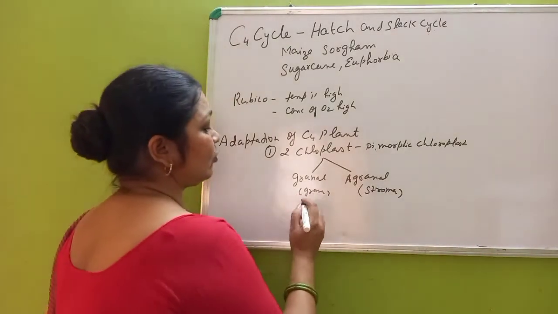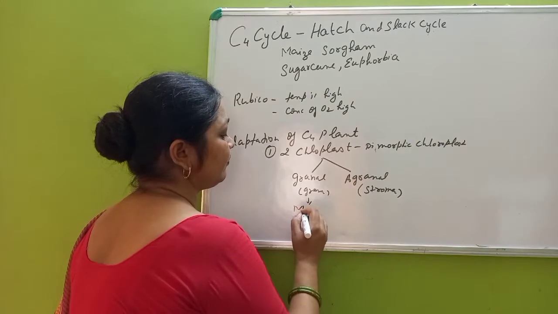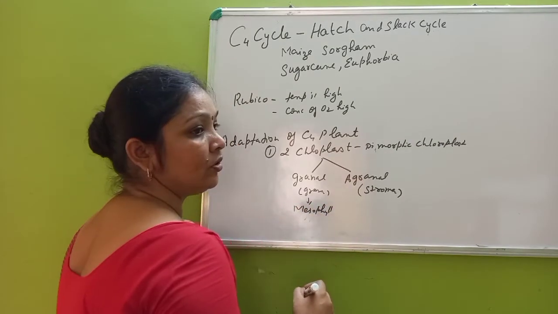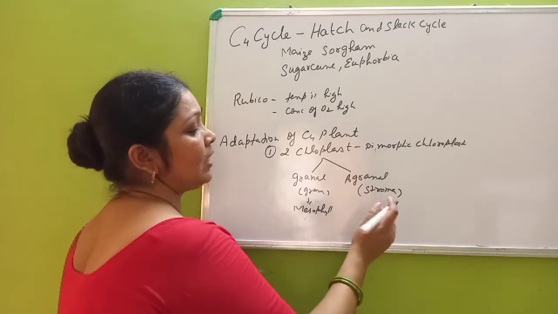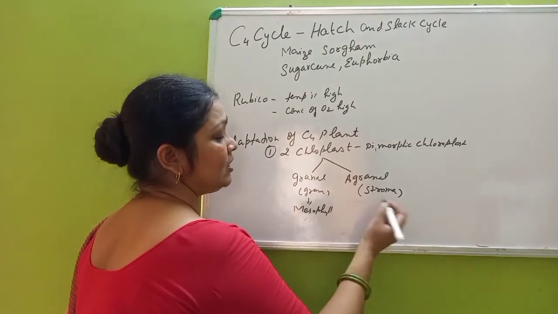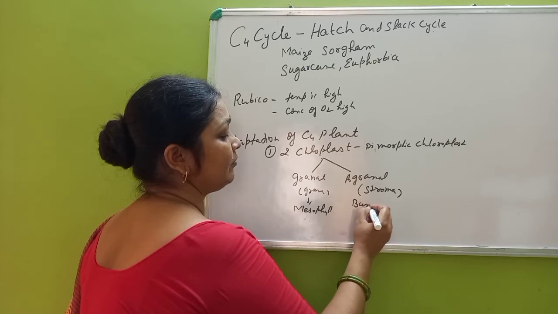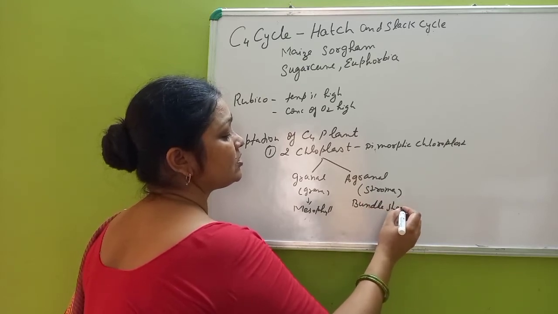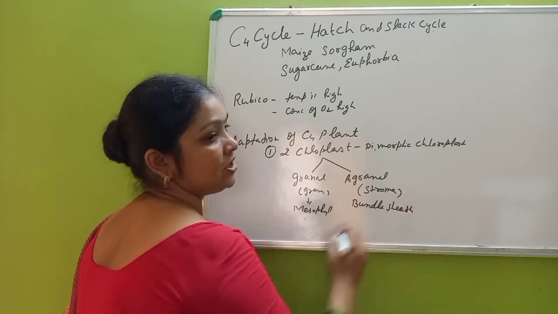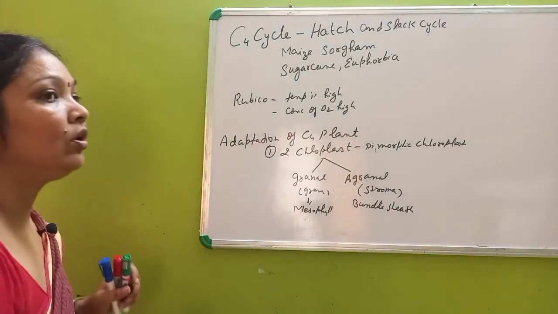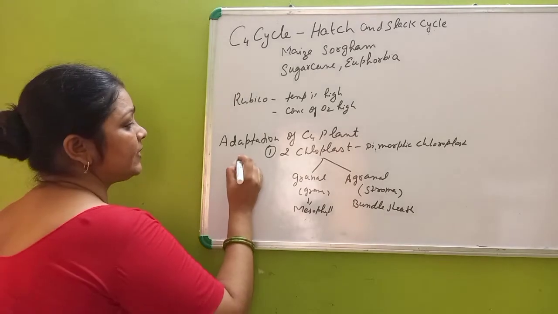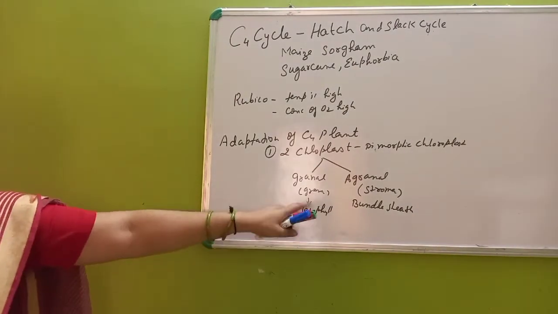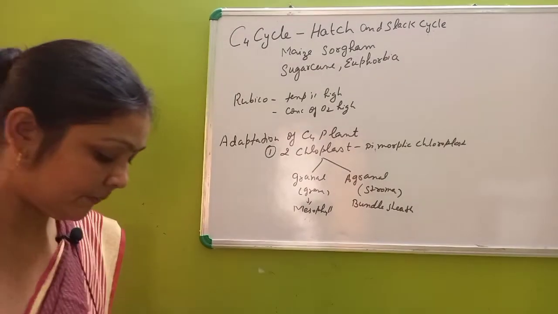This type, the granular chloroplast, is found in mesophyll tissue, whereas the agranular chloroplast is found in the bundle sheath. So this is the first adaptation that the plants show, that is dimorphic chloroplast.